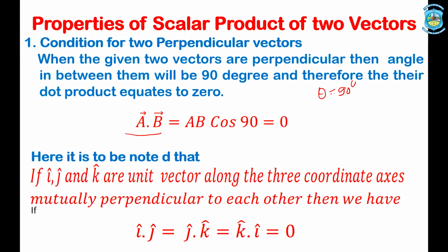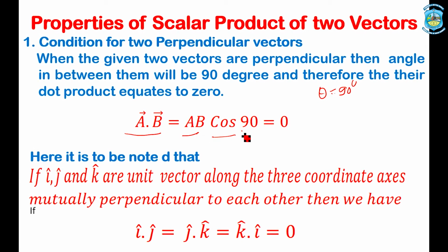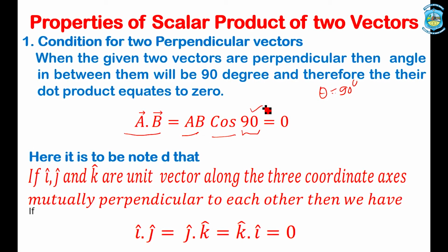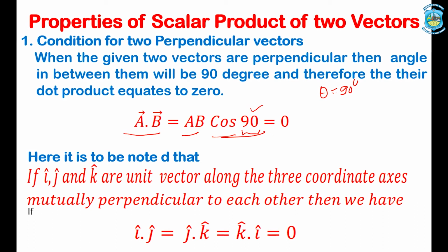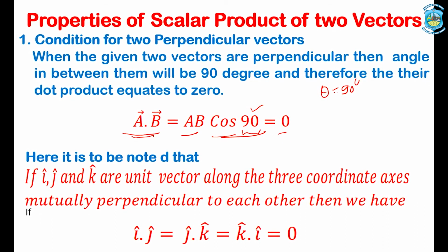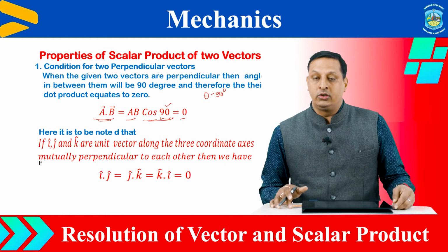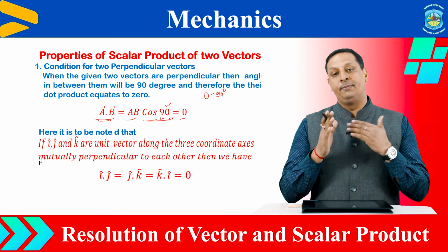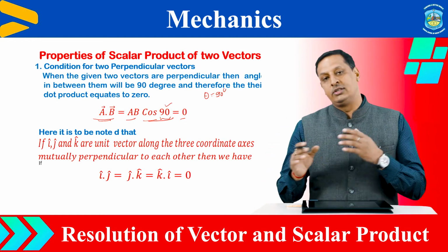A dot B is equal to AB cos of the angle. Here angle is 90 and we all know that cos 90 degree equals 0 and therefore the dot product will be equal to 0. Therefore, we can conclude that the dot product of two vectors which lie exactly perpendicular to each other is always equal to 0.